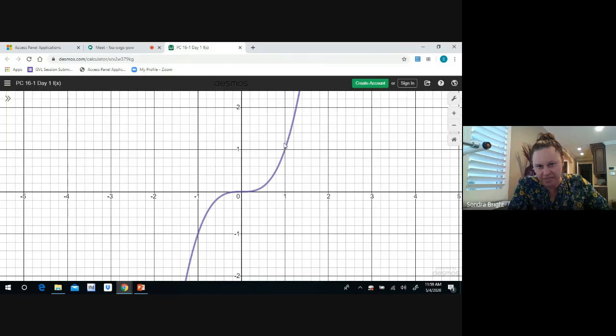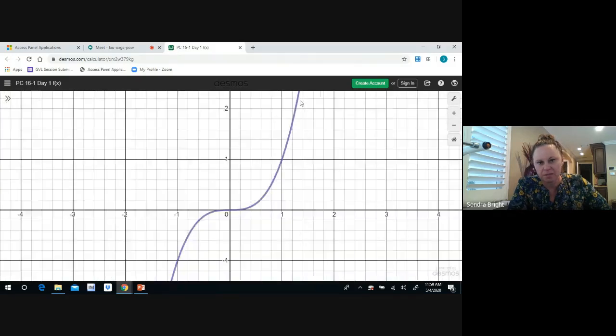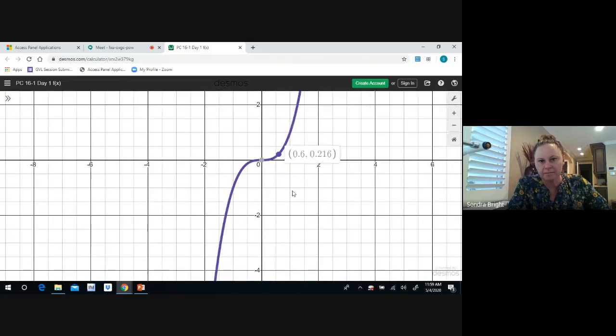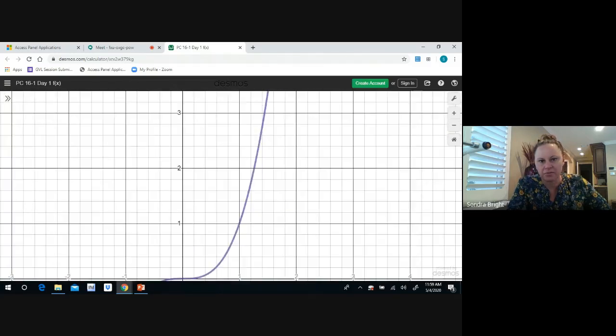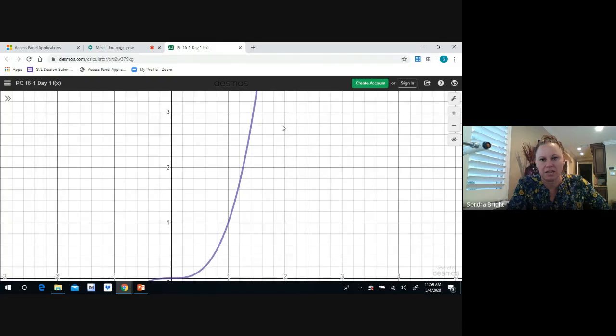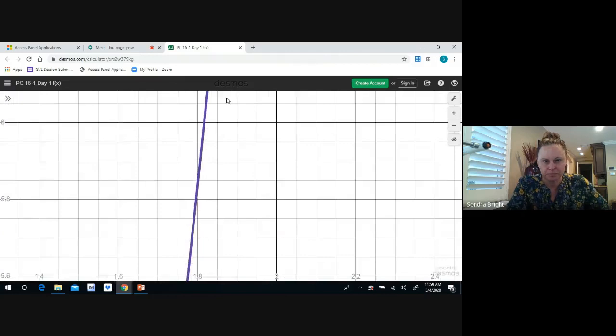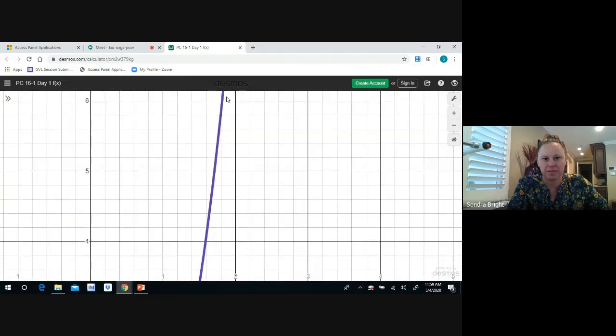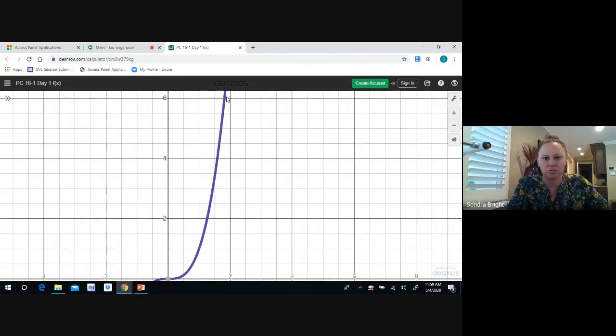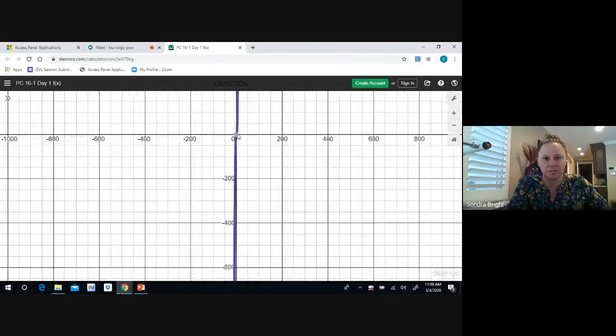And hopefully you see that as your x's are getting bigger, zoom out, your y values are getting very, very, very large. Look, I haven't even reached 2 yet, and I'm already at 6. I want to zoom out, zoom out. Oof. Oh, well, I don't want to zoom out that far because it's still a cubic, right?